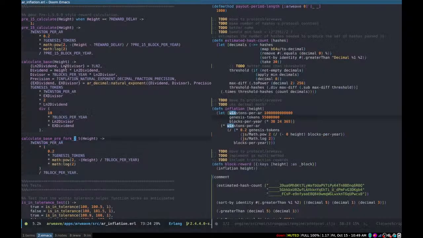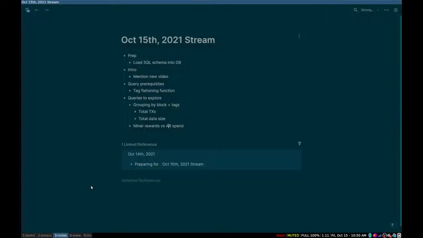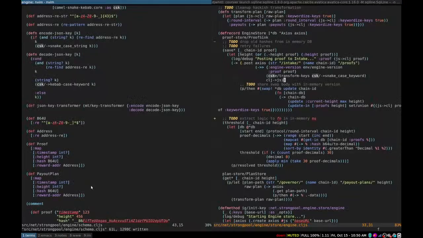Okay, so I think it's going to be easier for me to do it here. So we got Winston per AR. Okay, so ultimately, you know what, we don't even need that. We don't need the Winston per AR because we're doing everything in AR ultimately.